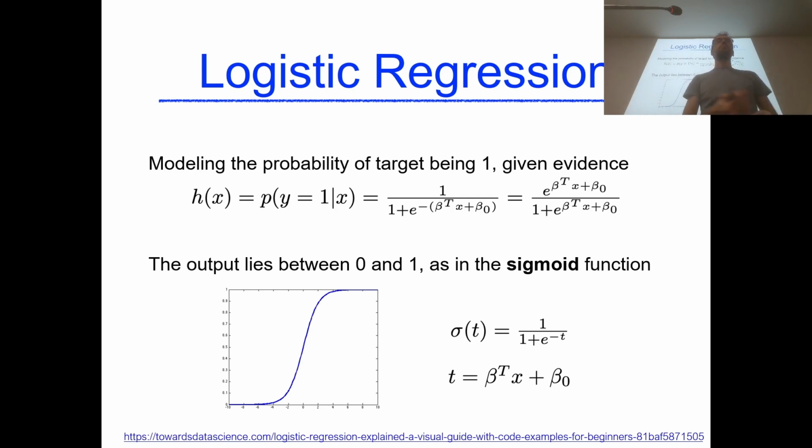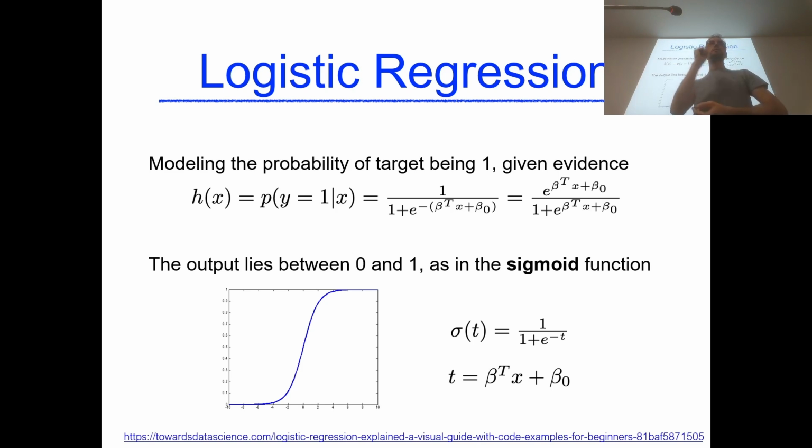Okay? So if the output for logistic regression is 0.1, it is not likely that this data point belongs to that class. For another class, it could be 0.9. So it is highly probable that this example belongs to that class.